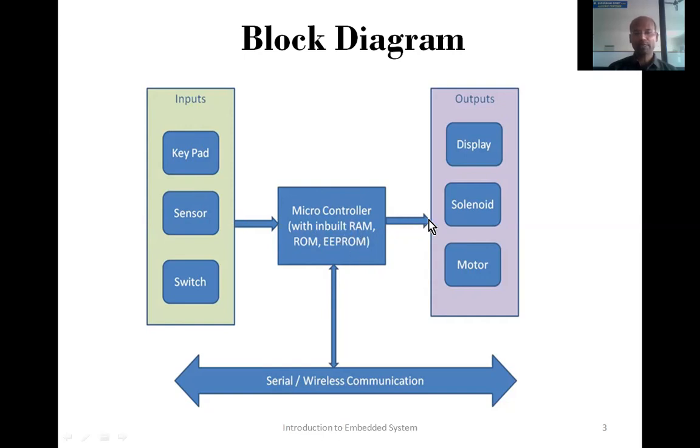That output may be expressed in displays or in solenoids or in motors or actuators and so on. We can feed data to the microcontroller from other embedded systems or from computer through these serial communication protocols.